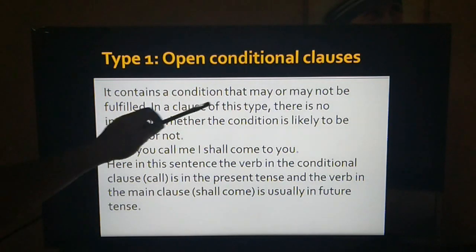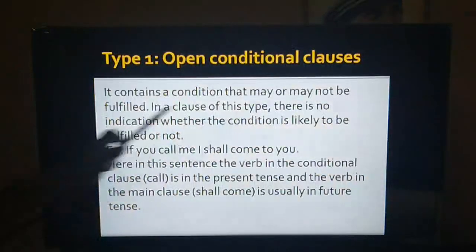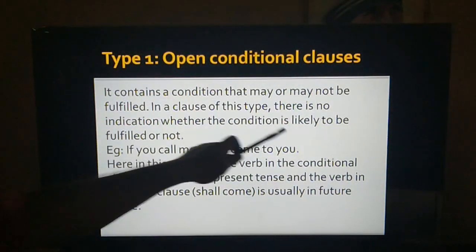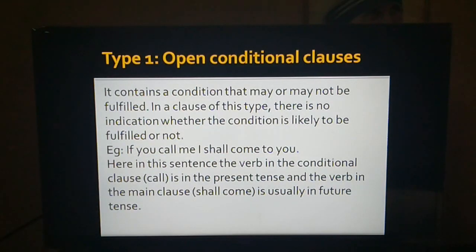In a clause of this type, there is no indication whether the condition is likely to be fulfilled or not. We don't know whether it will be fulfilled, but there is a probability, a possibility for its fulfillment.